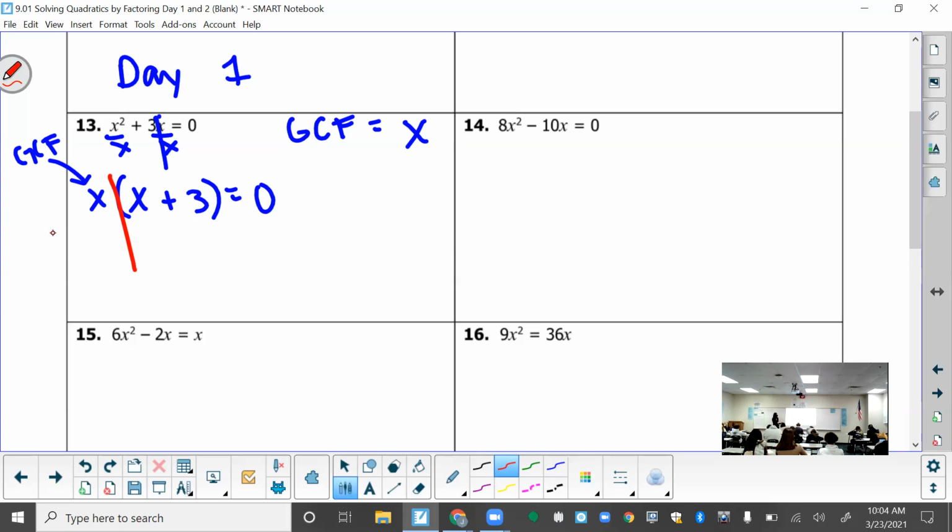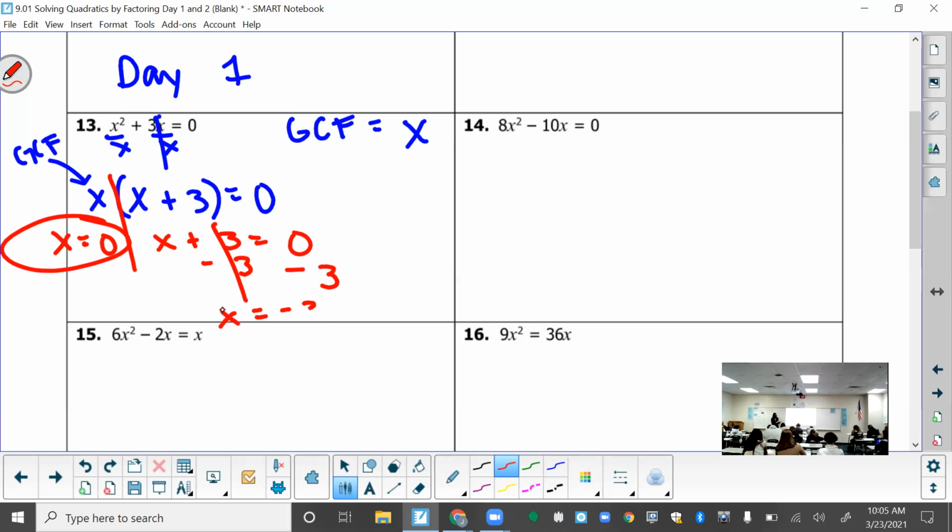So set them equal to 0, x equals 0, and x plus 3 equals 0, and solve for x. Over here, x is already by itself, so that's going to be part of my answer. Over here, we solve for x, so subtract 3 from each side, and we get x equals -3. All right, so there's 2 answers, not just 1.